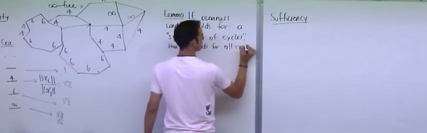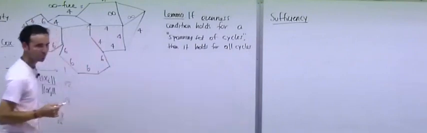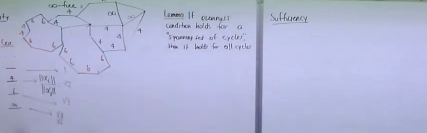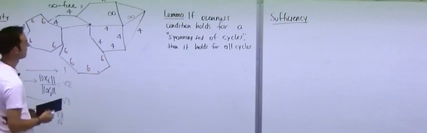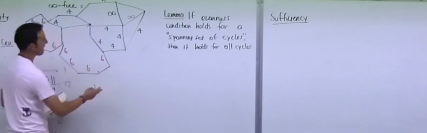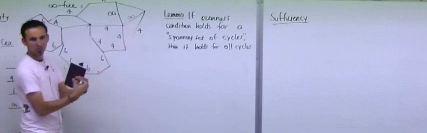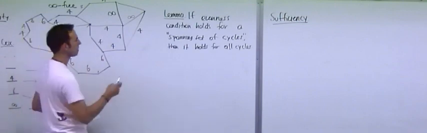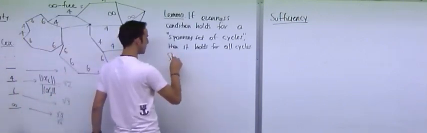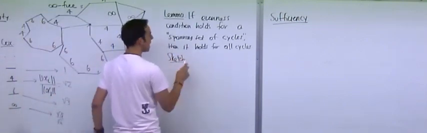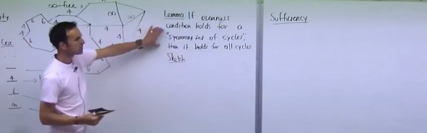What's a spanning set of cycles? Cycles that span the graph for every edge. So basically every other cycle should be able to be seen as a combination of these cycles. So for example, let me just give you a sketch. Anyway, this is not really part of my proof.